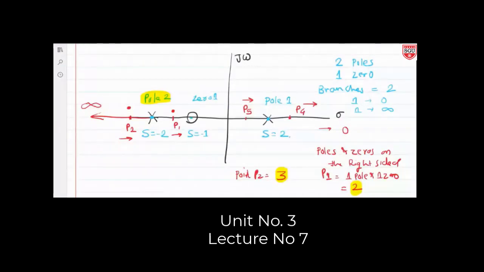1. Means the direction of the branch which is starting from pole 1 is in the direction of P5. It will start from here and it will end at this 0. So like this, we are drawing the branches. We know how the branches are moving.